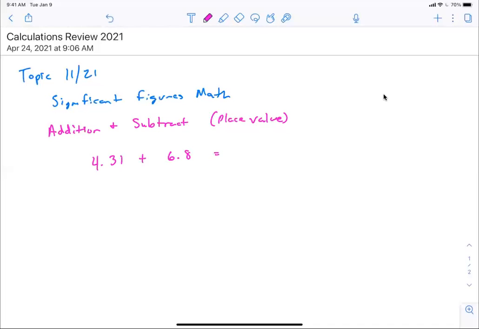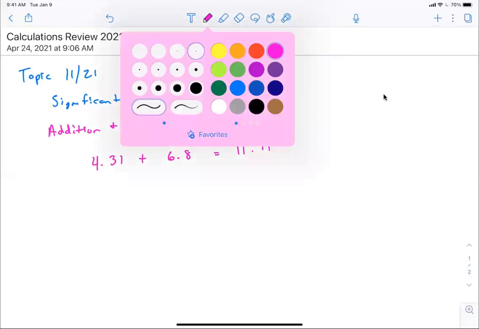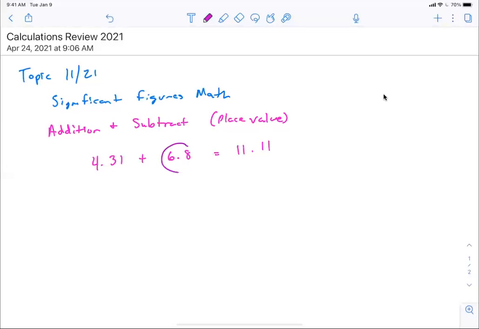So although your calculator will say 11.11, because this number is limited to the tenths, your answer has to be rounded off to the tenths. So you can only record the value as 11.1.